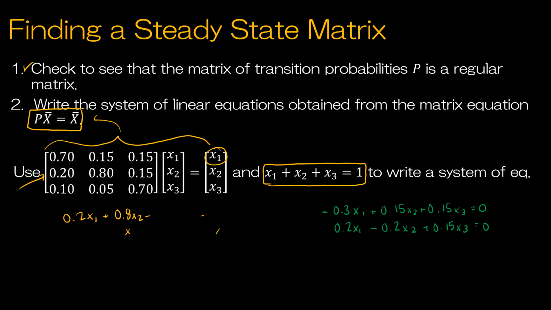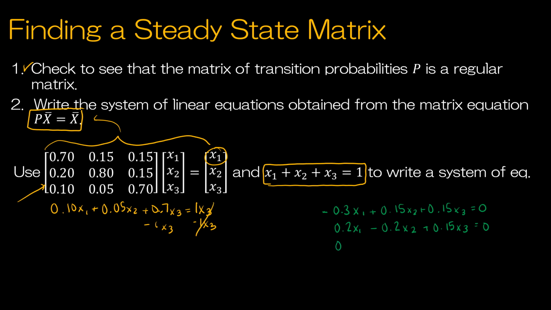And I'm going to do that one more time with my final row. So now I'm looking at the third row and saying 0.10x1 plus 0.05x2 plus 0.7x3 is equal to x3. And again, that's 1x3, so I'm going to subtract 1x3 from each side. On the right side, that gives me 0.